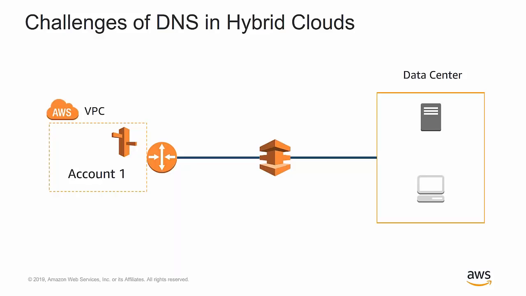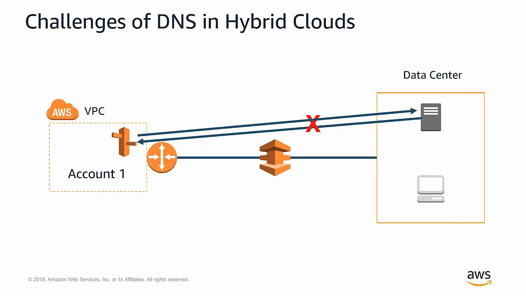When, let's say, your data center wants to talk to a VPC, it is not able to do so. The resolver that exists in your data center is not able to recurse out to any kind of name servers that exist for your Amazon VPC. And likewise in reverse, if your VPC was trying to find a name that existed on-prem, it would not be able to perform that resolution. It would not be able to find that name.